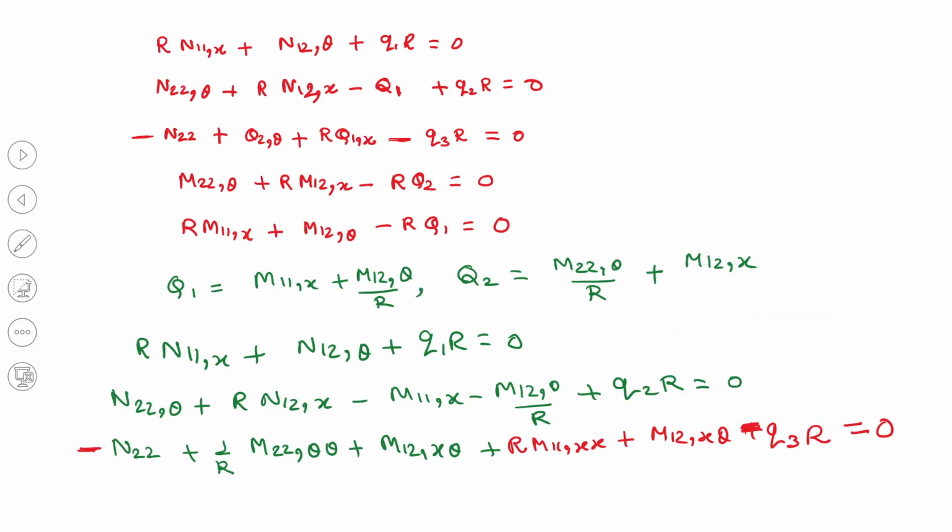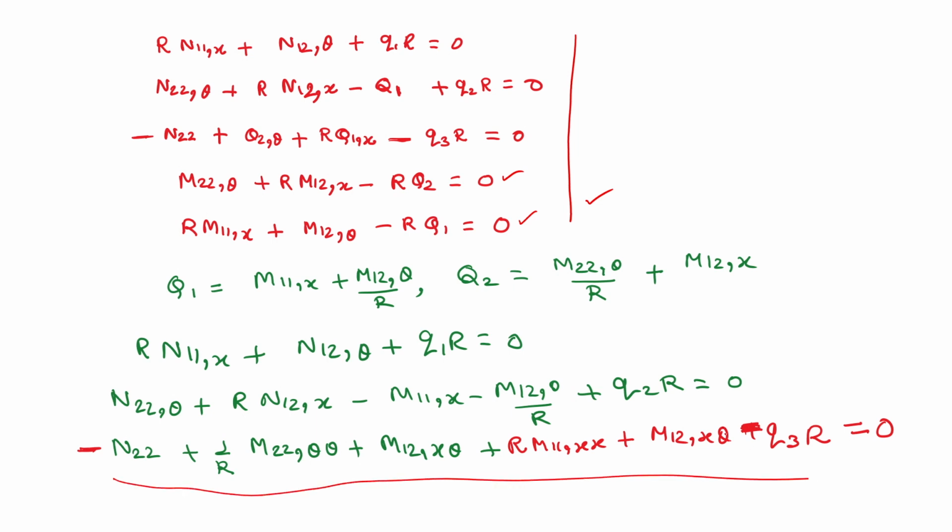So, for the case of moment shell theory, the general equations in the case of a circular cylindrical shell can be expressed like this. Ultimately these 5 equations can be written into 3 equations by using the concept of Q1 and Q2 from here and substituting here. This gives you the third equation: first equation, second equation and third equation.